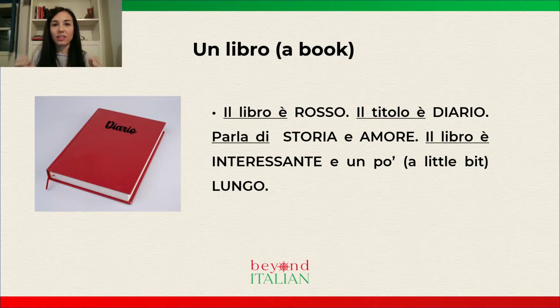So we have learned the first expressions in Italian. We completed these expressions with information about the book. Then we build our description. We simply put simple information like the color, the topic, the name, and also some adjectives that describe the quality of this book. Interesting and long.